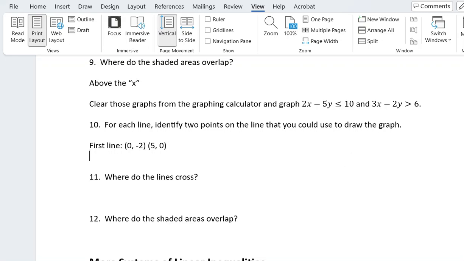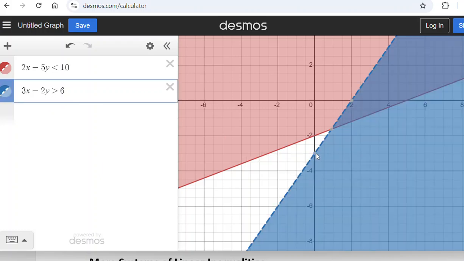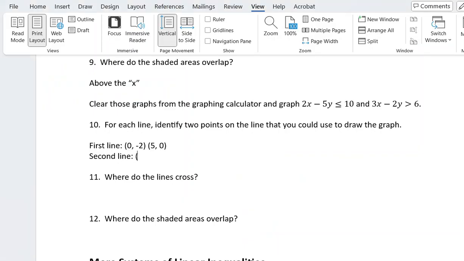For my second line, 3x minus 2y greater than 6. That's the blue line, which is a dotted line. And I can see that I have points at (0, -3) and (2, 0). Where do the lines cross?